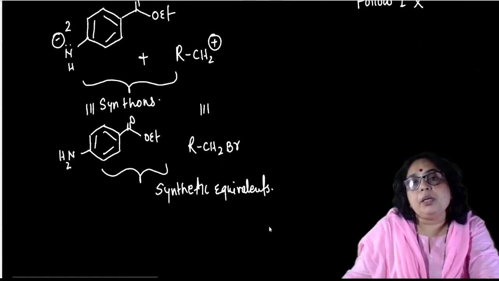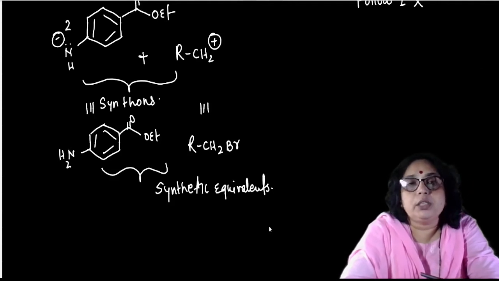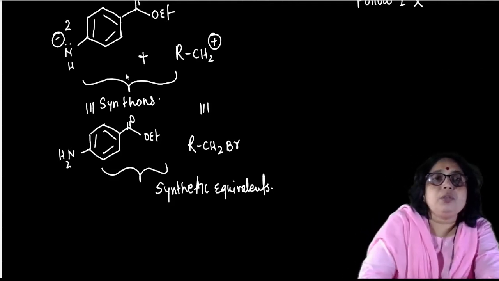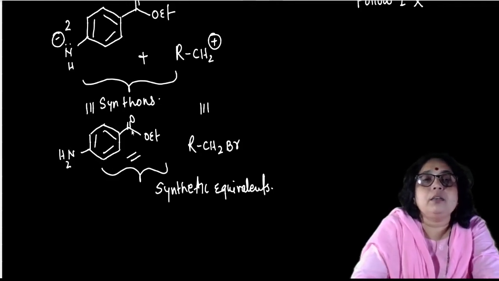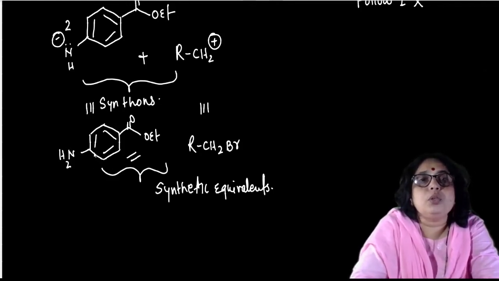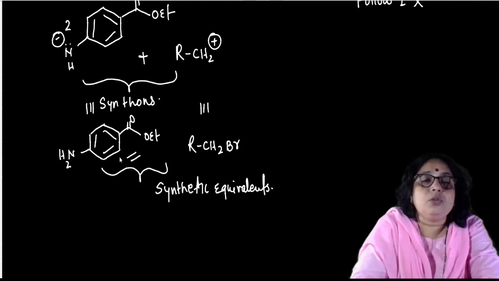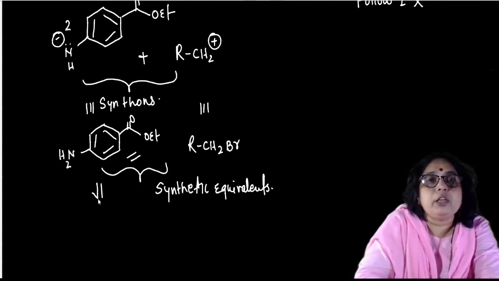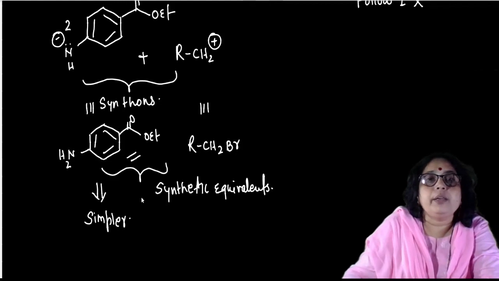Now please remember again the definition of retrosynthesis. If you see this molecule, again it has two functional groups. All right. So we have to make this molecule simpler.